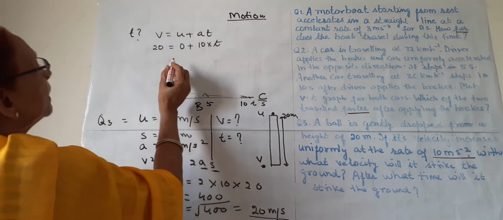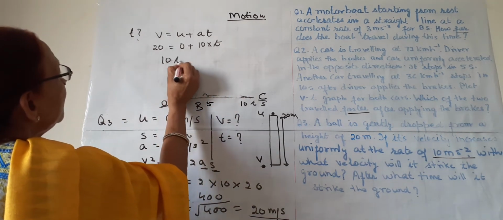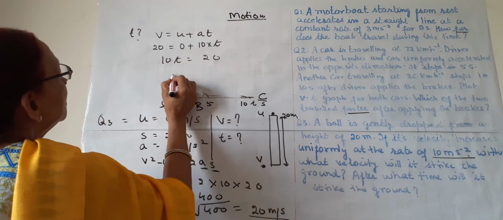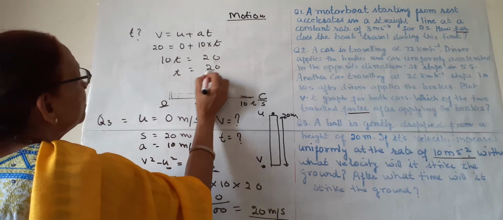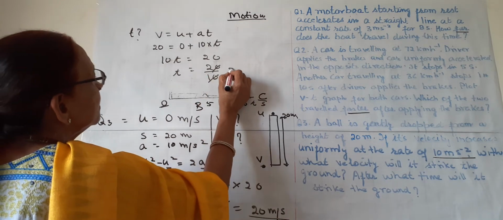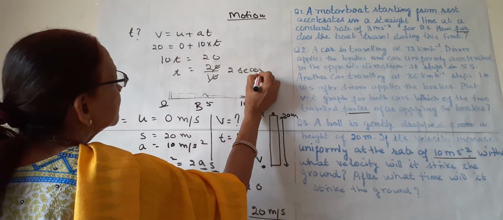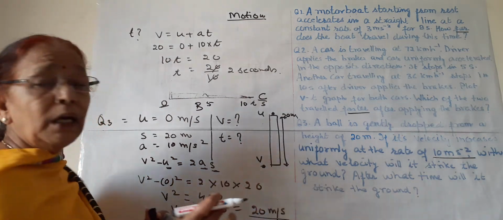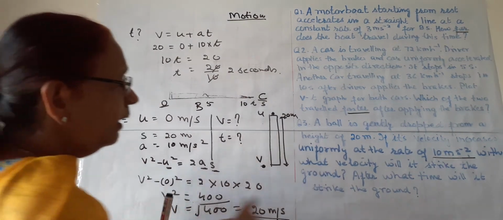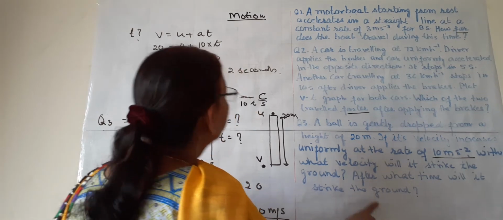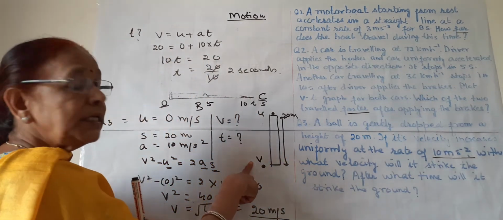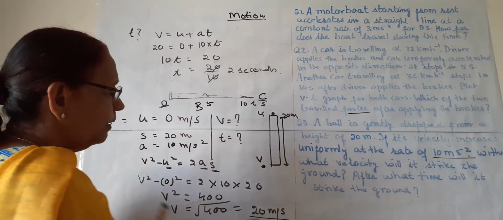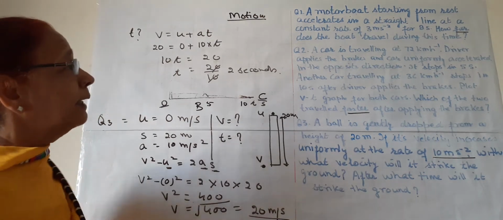So 10t is equal to 20, t will be 20 upon 10, that is 2 seconds. So in 2 seconds, this ball will come to the ground. In this way time is calculated too, and final velocity is 20 meters per second.